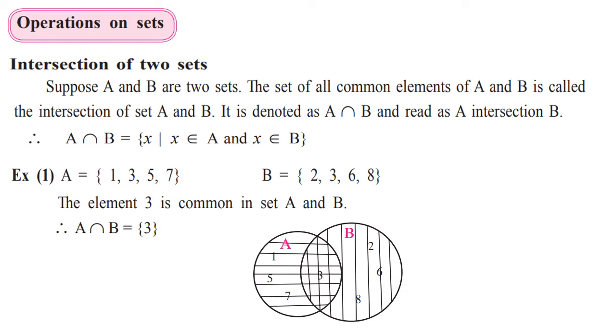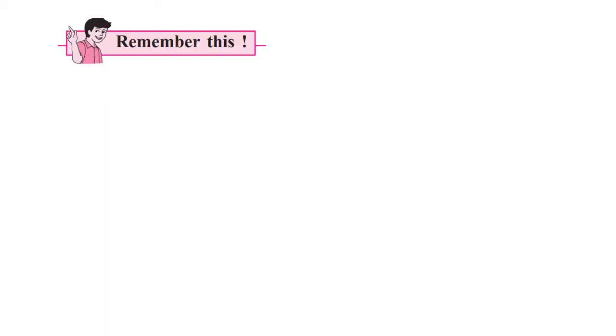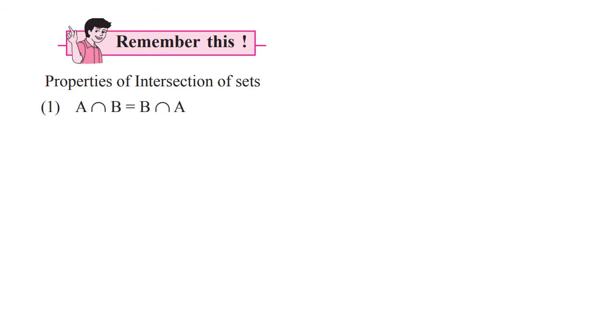Now let's go ahead towards the properties of intersection. So always you have to remember the properties. As I have said, they are very important when you solve the MCQs. These properties can be asked in MCQs. So the first property is A intersection B is equal to B intersection A. That means if we change the sequence while taking intersection, then the set is going to be the same.